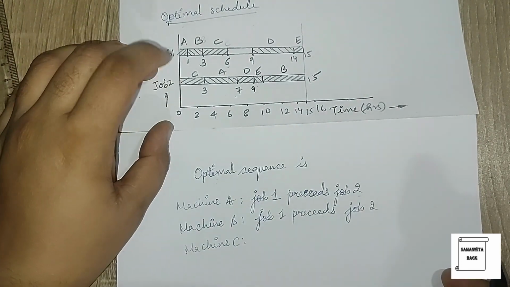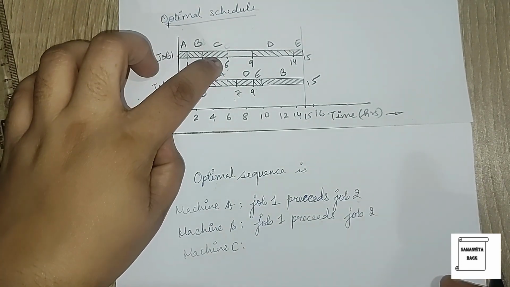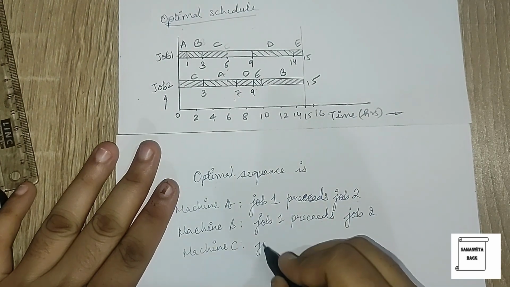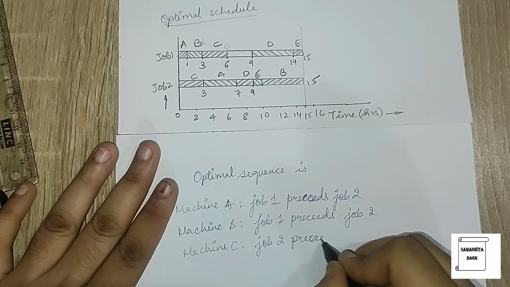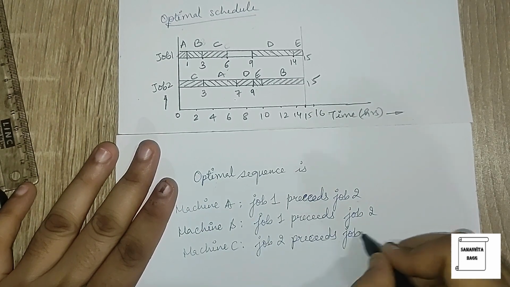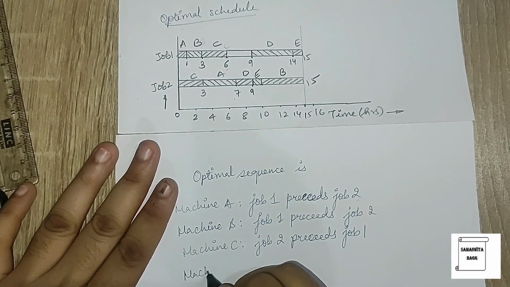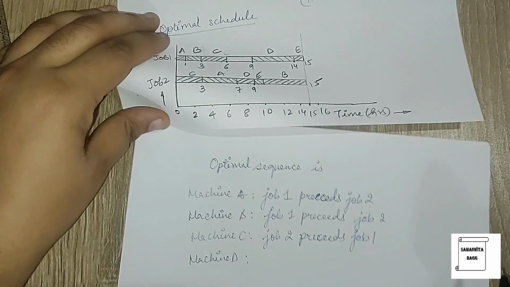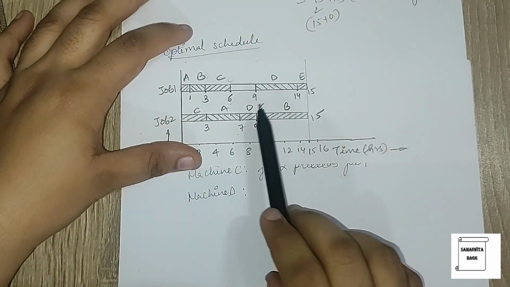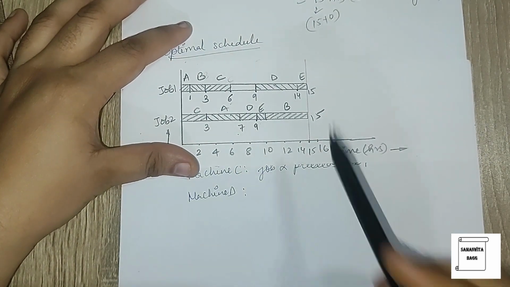Then we'll talk about machine C. For machine C, you can see first it will do job 2 and then it will go to job 1. So here I'll write down job 2 precedes job 1. For machine D, you can see first it is doing job 2 and then job 1.